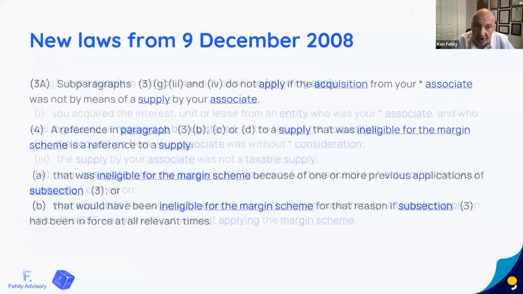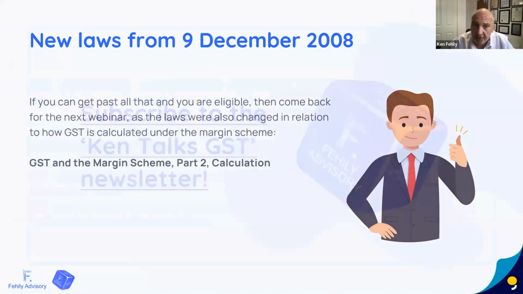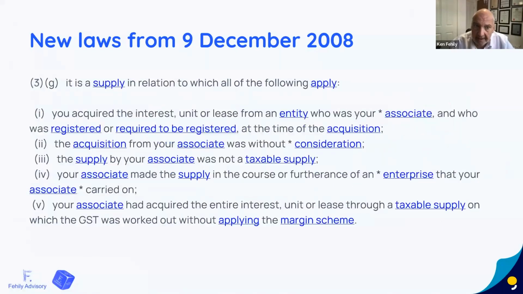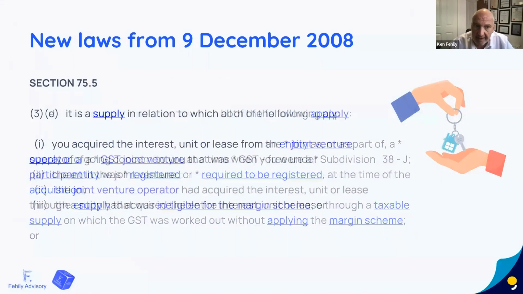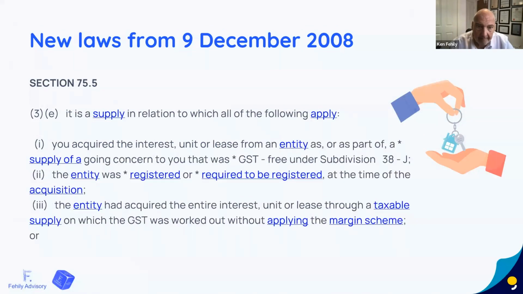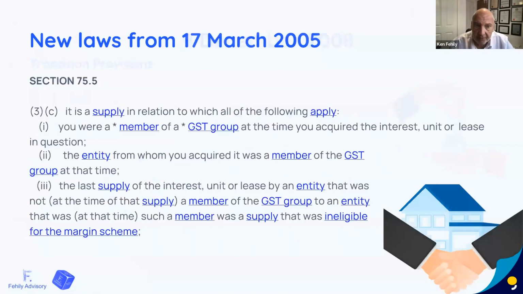You have to go through each of these sections one by one. D, did you buy it through a joint venture or a joint venture operator? E, and all these provisions. You have to go through step by step. That's what I have to do.